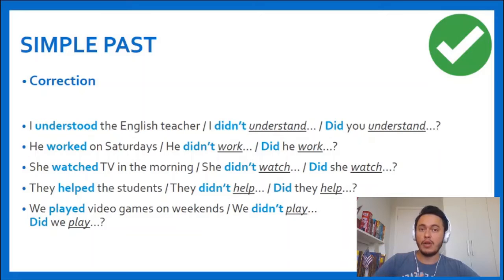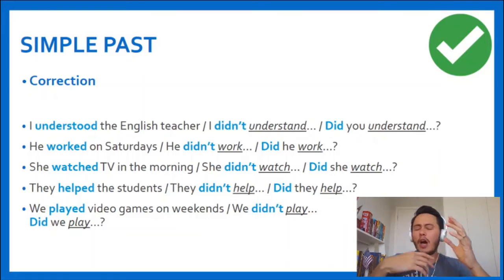The past of the verb to work is worked. Very important, the pronunciation. When you have regular verbs, they usually end with ed, and especially to our Brazilian students, the pronunciation here is not worked or workage or something like that. It's worked. It's very subtle, okay?